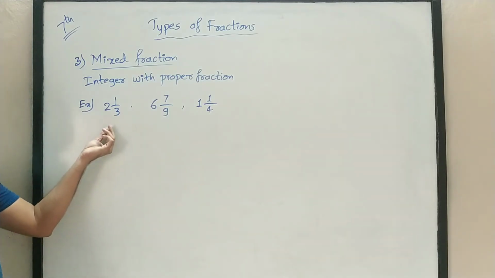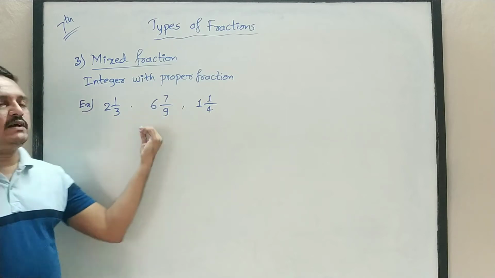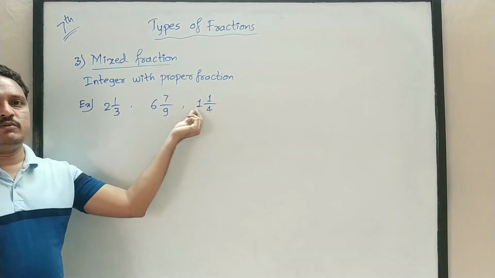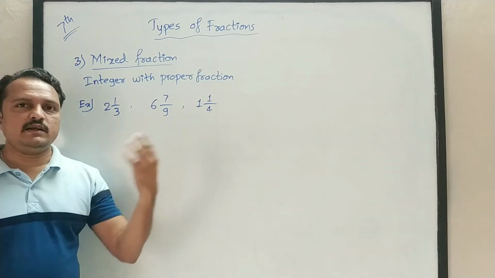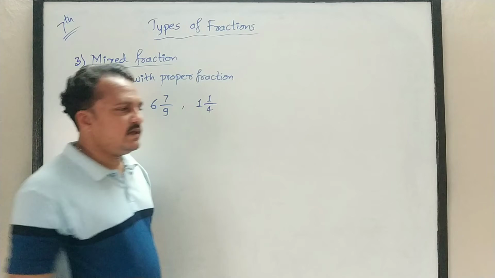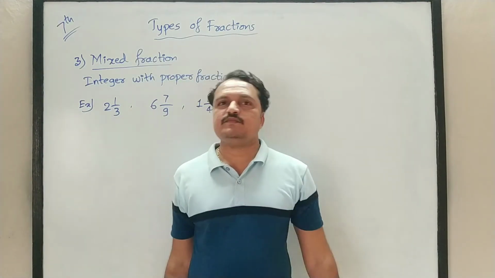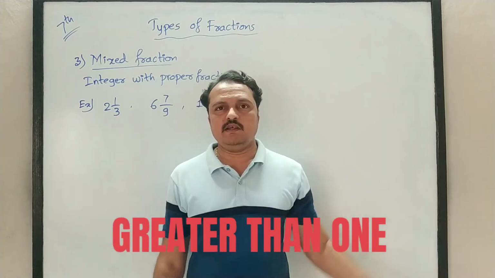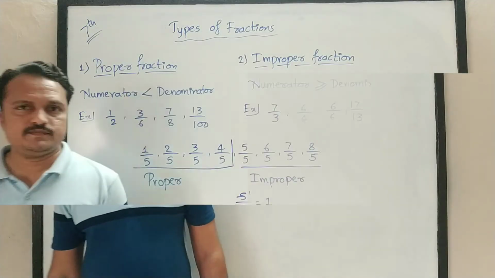And we can conclude that these mixed fractions are always greater than 1, since we always have at least the integer 1. So you can conclude: proper fractions are less than 1, improper fractions are equal to 1 or greater than 1, and mixed fractions are always greater than 1.